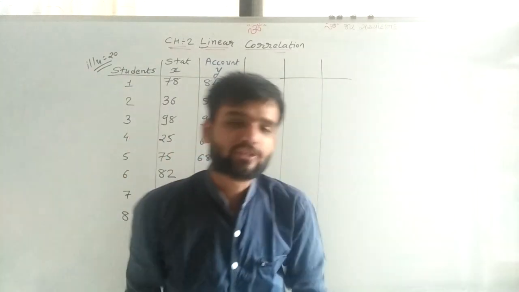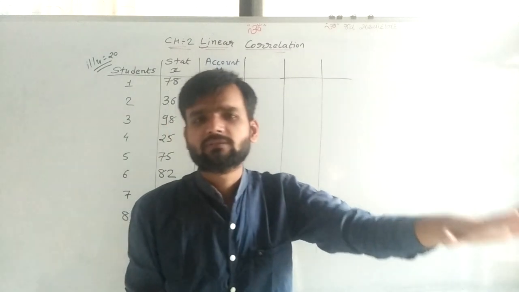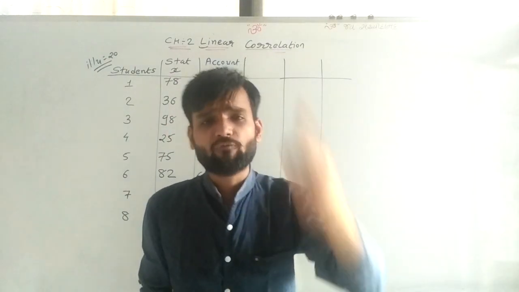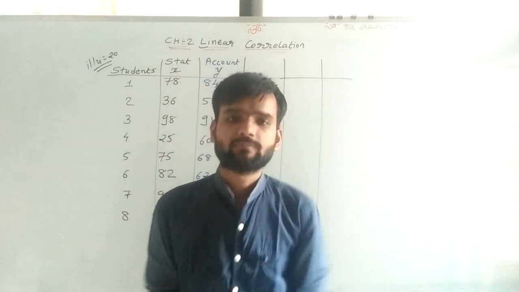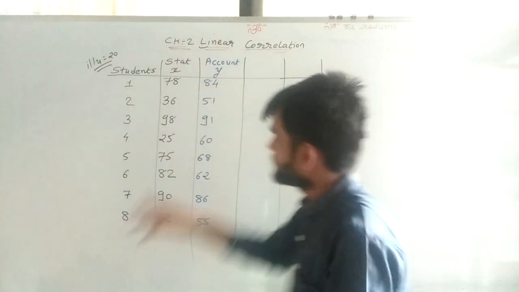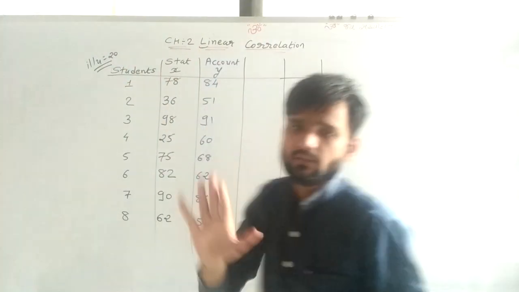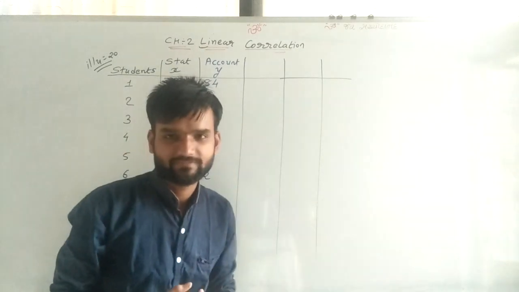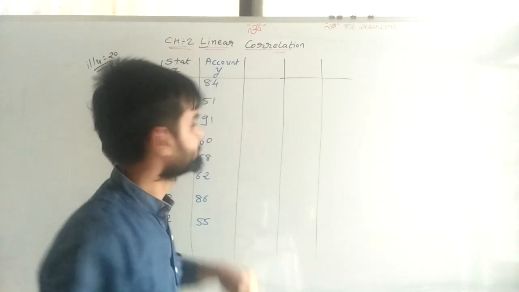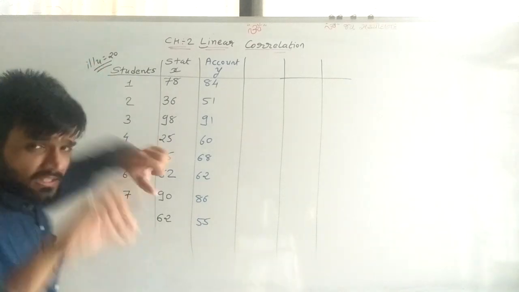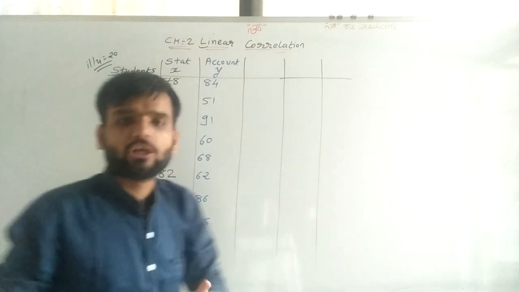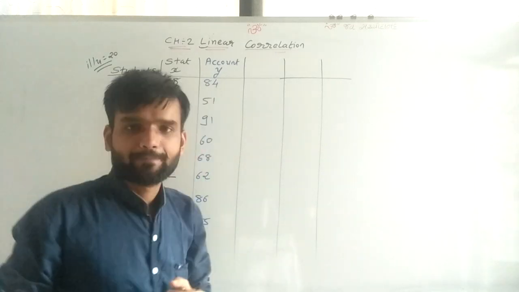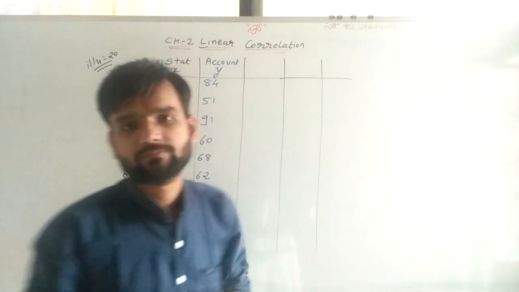We are doing a new concept and method in this lecture, Spearman's rank correlation method, and here illustration number 20 is taken. Now in illustration number 20 it is clearly given in the question, find the correlation coefficient by Spearman's method.